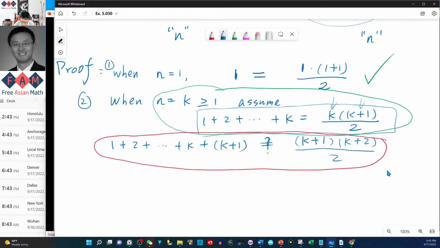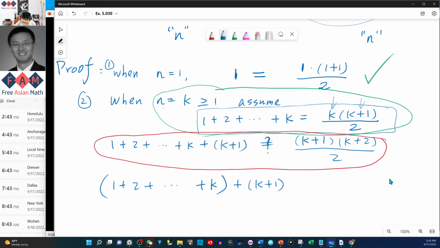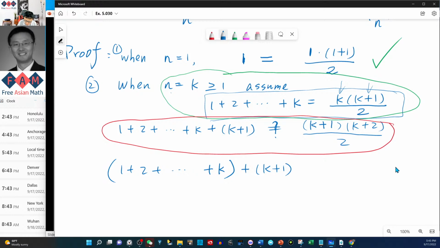So what we are going to do, in general, the very reason for induction is that we can take advantage of the hypothesis for when n equals k, so we can take advantage of this part. So the left-hand side is nothing but 1 plus 2 plus up to k. We group them together, then plus k plus 1, right? This is the left-hand side. We are adding those two parts together. But what is this?